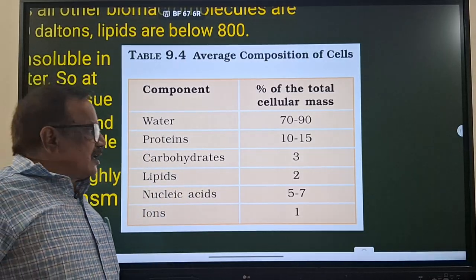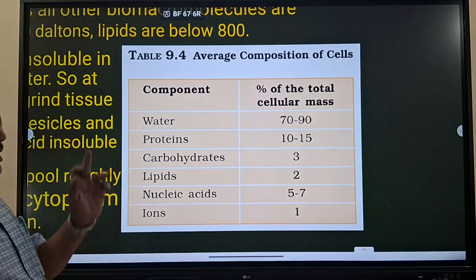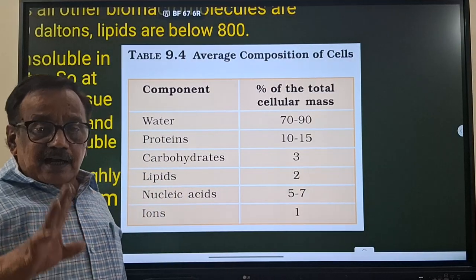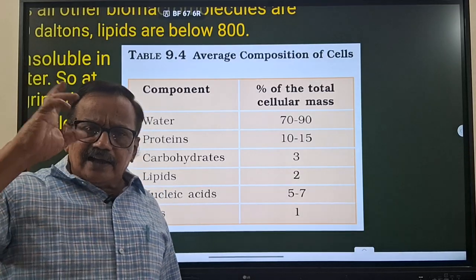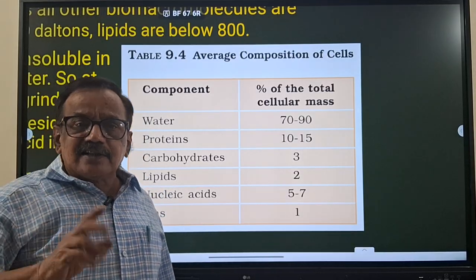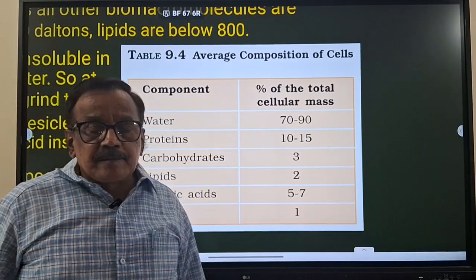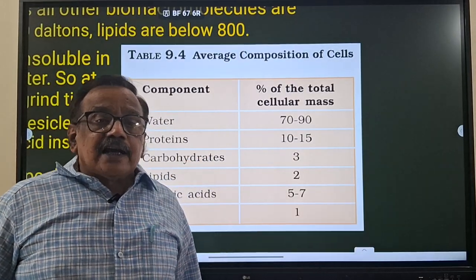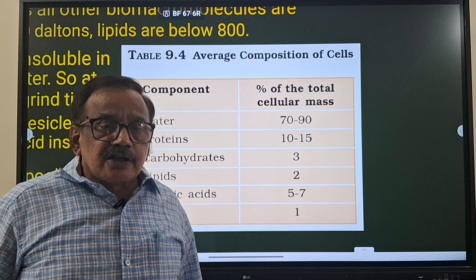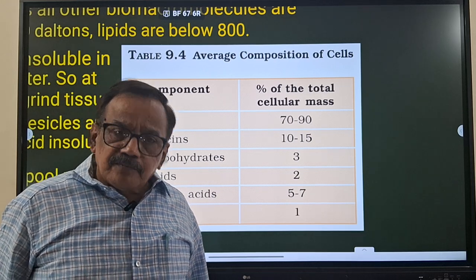Now come to the organic compounds. Proteins are the highest, present in very high percentage in the living cell, 10 to 15%. Proteins are also called the basic body building units of the cell. Remember it.